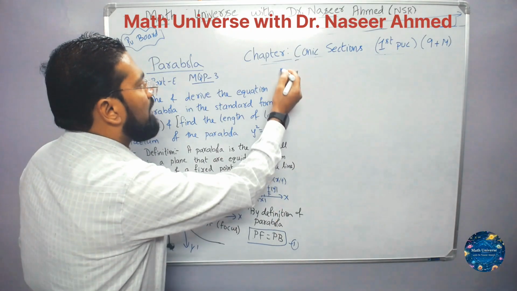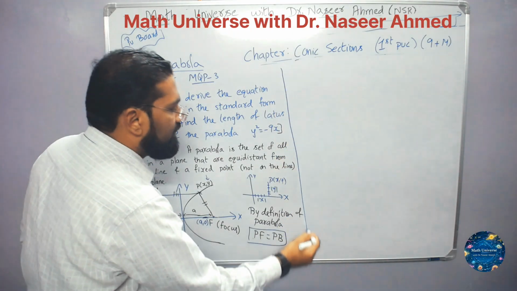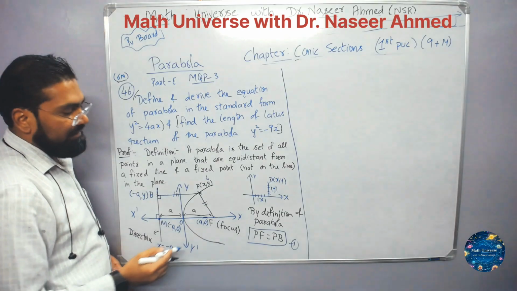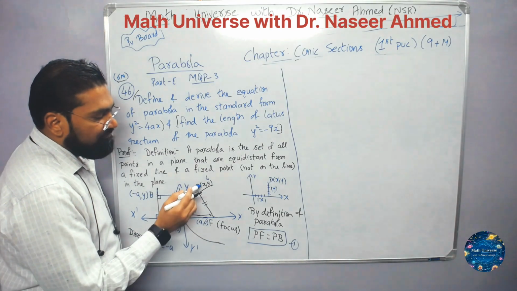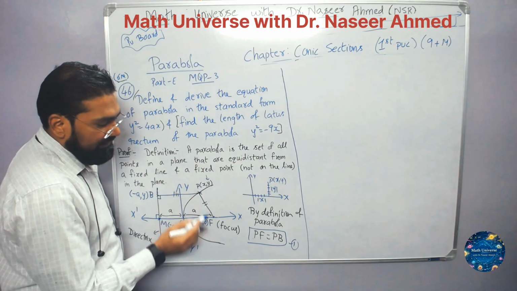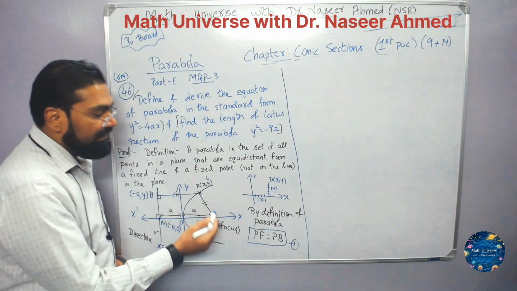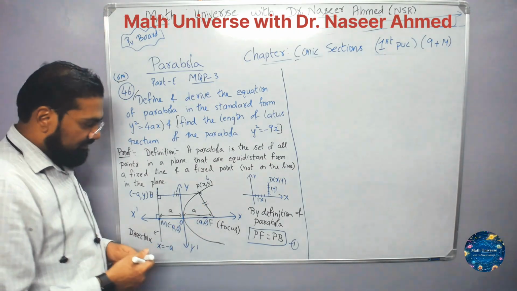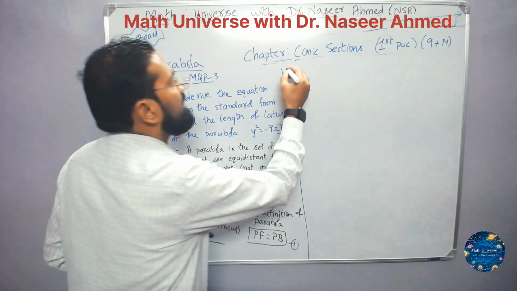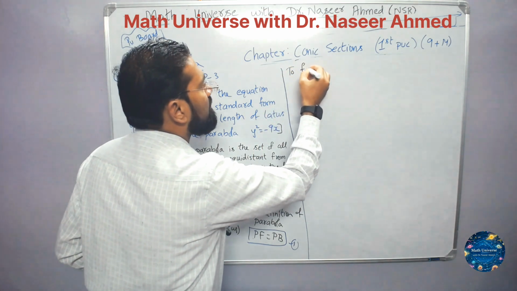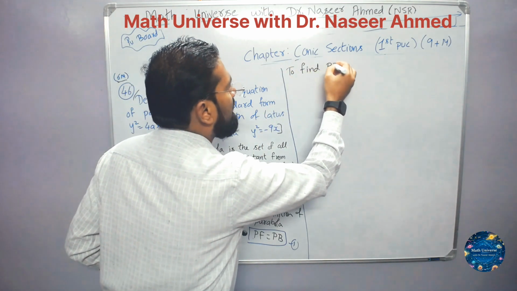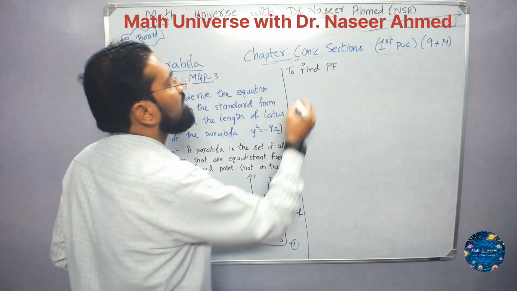Now let us go one by one. PF. See where is PF in the diagram? P is here, F is here. For P and F here, we have coordinates, so I can use the distance formula to find the length PF.